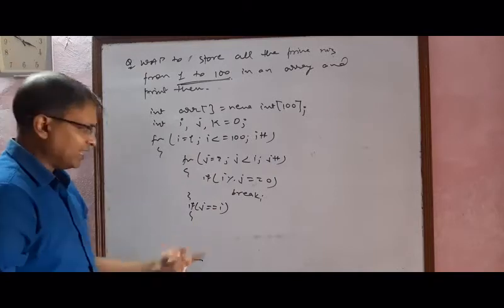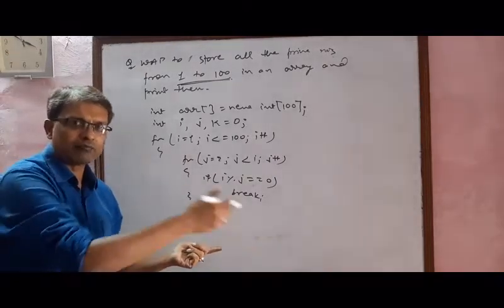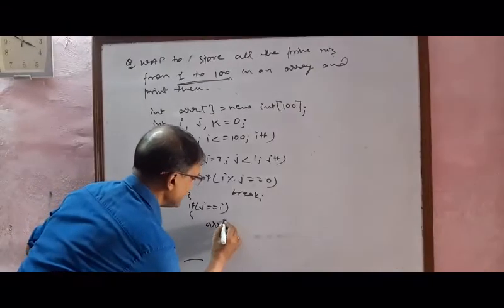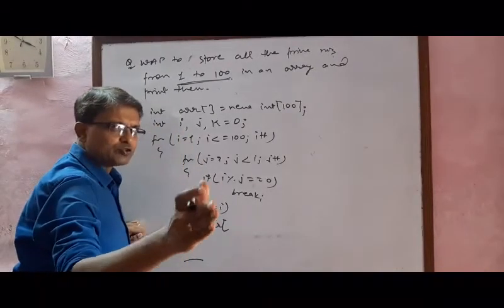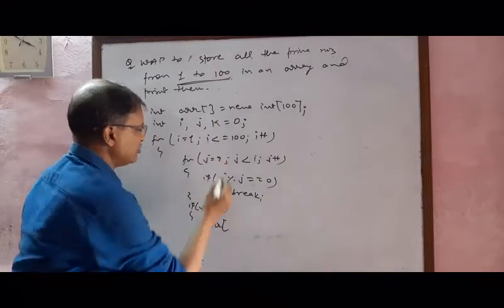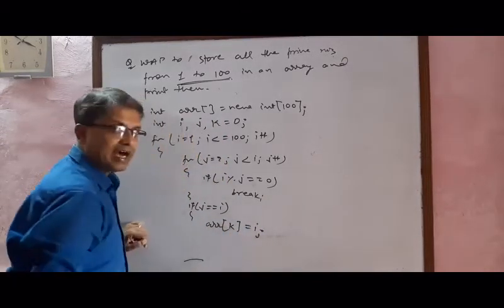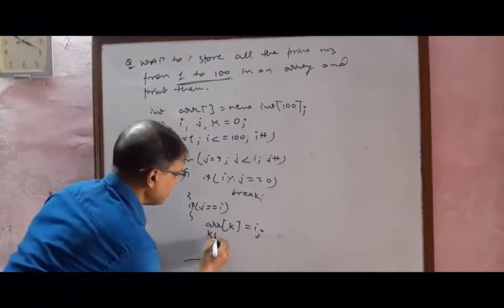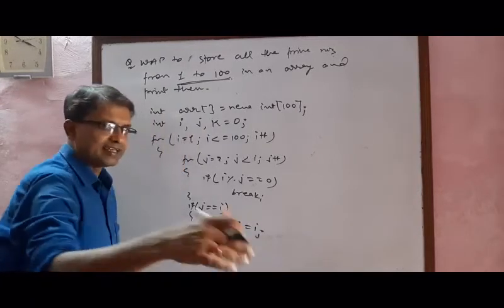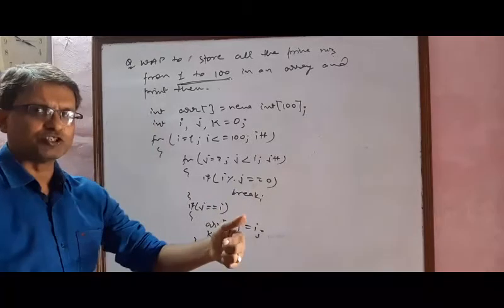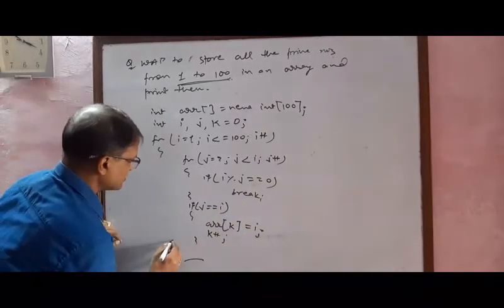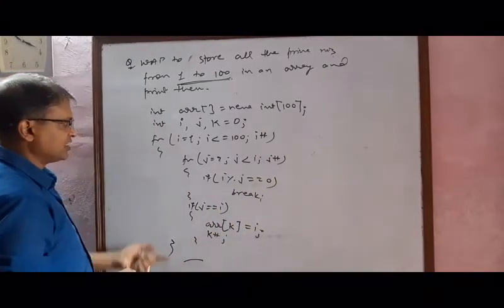As we get the prime number, we have to store this value in the array. The first prime number will be stored at the 0th position, and 0 is stored in k, so arr[k] equal to i. After that, increment the value of indexing because the next number will be at the next position, so k plus plus. Now close. Clear?